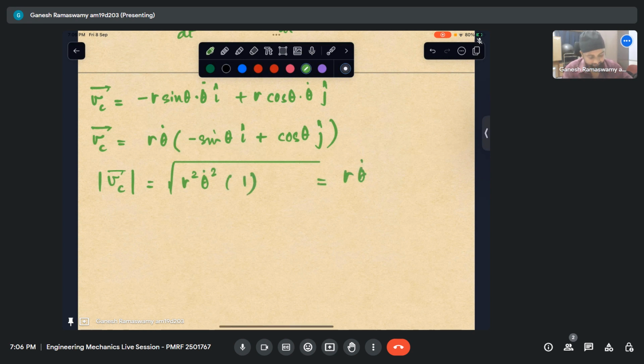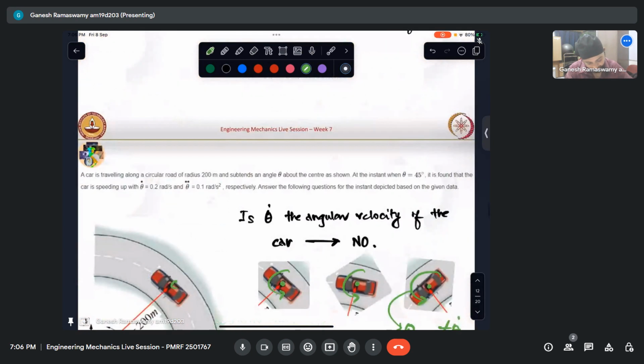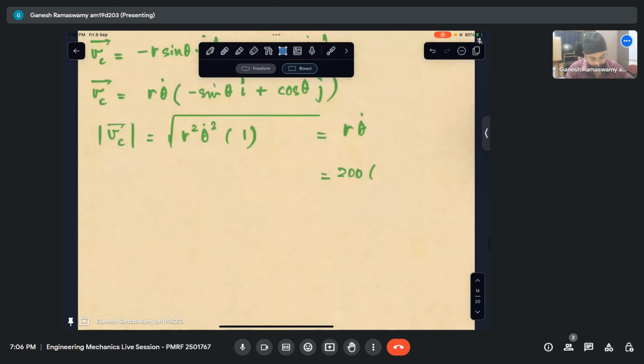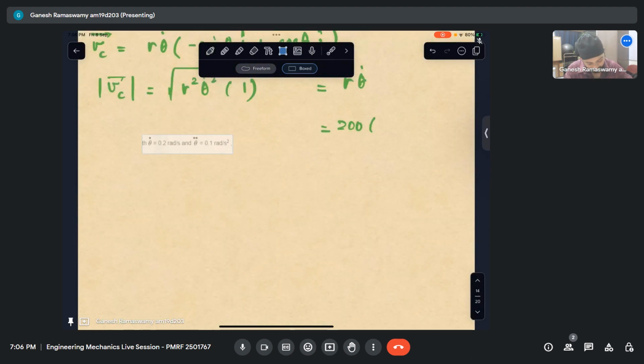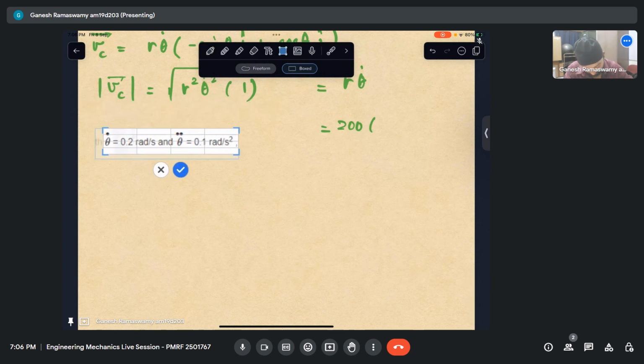So that comes out to be 200 into theta dot, which is given in the question. So from the question we know this, and therefore this is nothing but 0.2. So this comes out to be 200 into 0.2, which is 40.